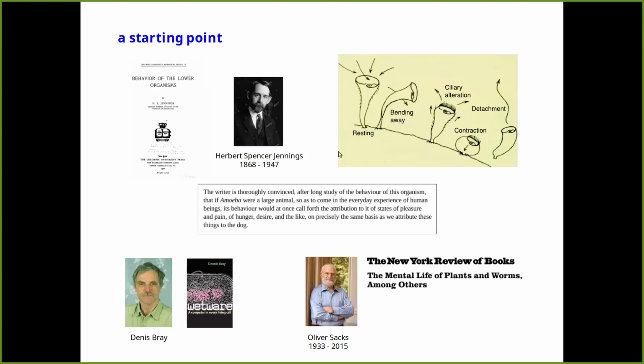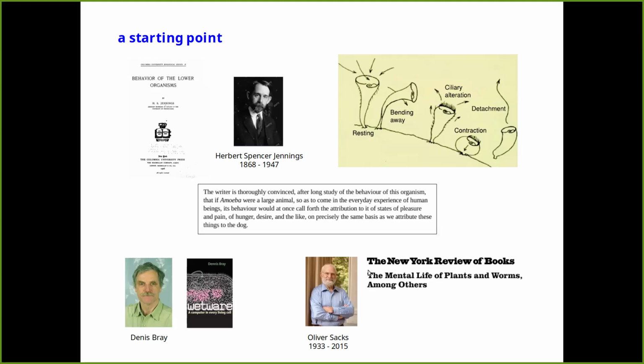And this behavior has resonated over the years, and many people have picked up on it. One of them was Oliver Sacks, who wrote about it in a New York Review of Books article on the mental life of plants and worms, among others.